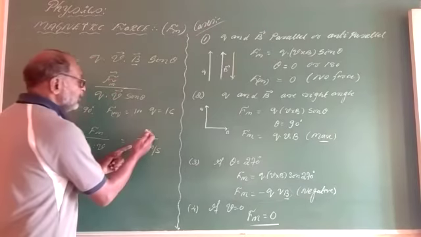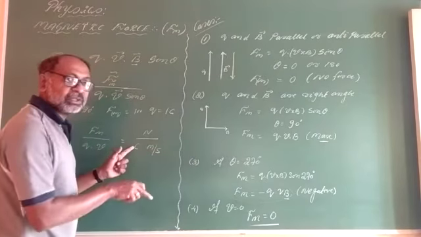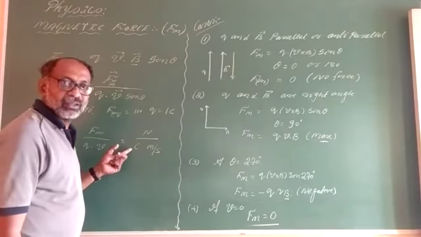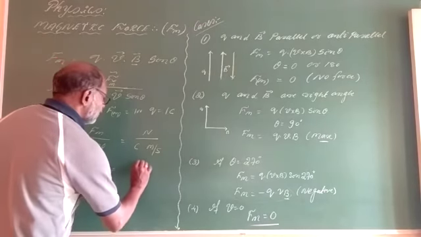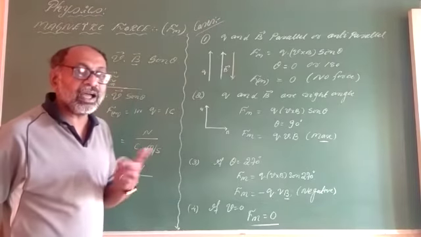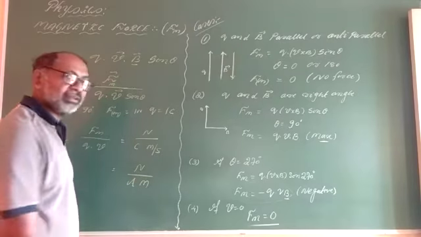So we can say Newton per Coulomb per second. Coulomb per second is nothing but current, I. Therefore, Newton per Coulomb per second is Ampere into meter.